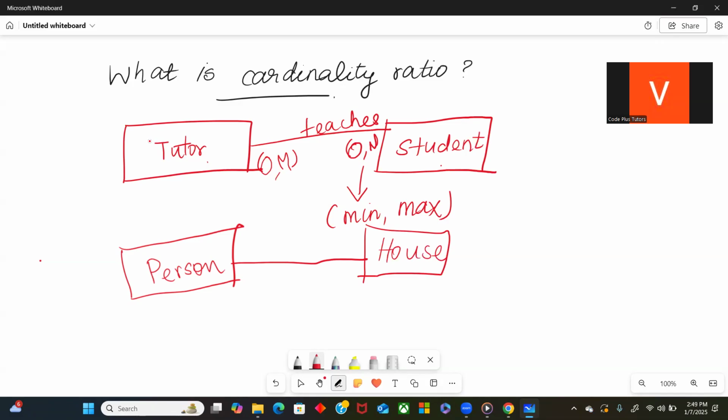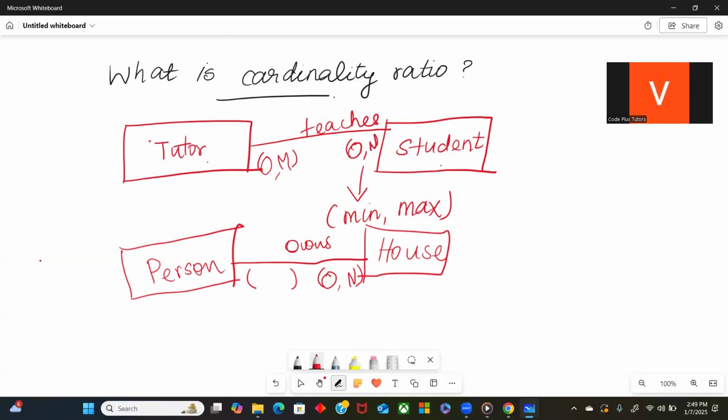In that case, one person can own a minimum of how many houses? Is it mandatory that if there is a person, he should own a house? Not at all. So it will be 0. And how many houses can one person own? There is no limit, so it is many.